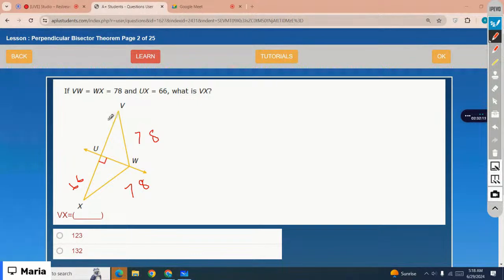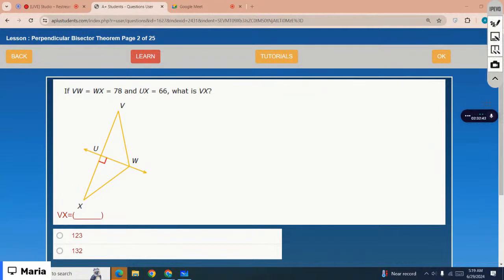So UV is also 66, and for VX you need to add them, right? So the correct option is option number 2, that is 132. Option number 2 is the correct option.